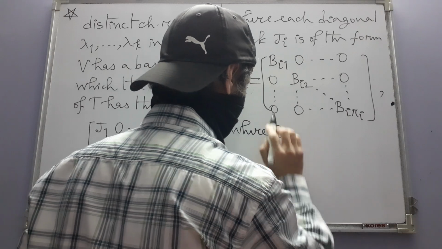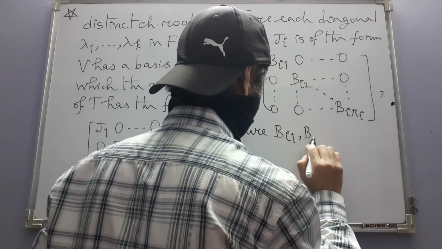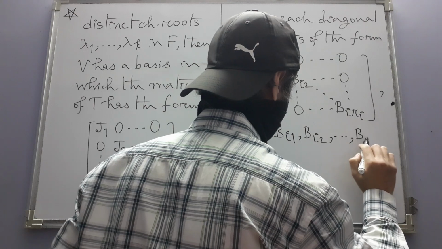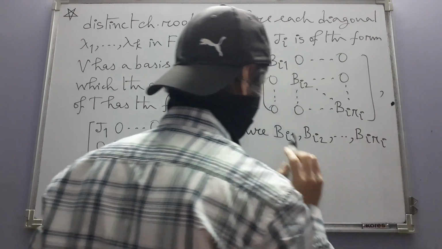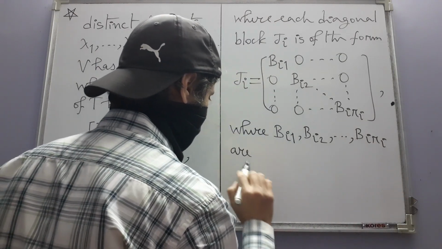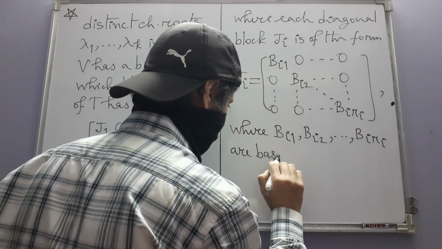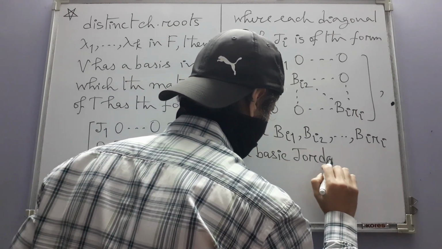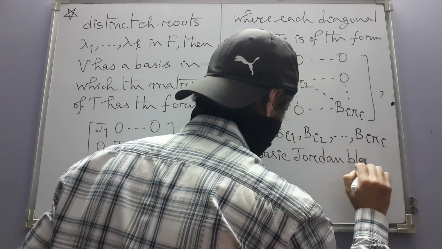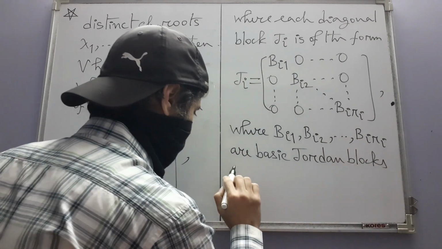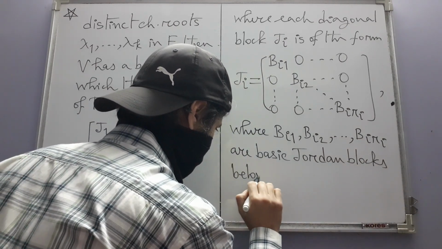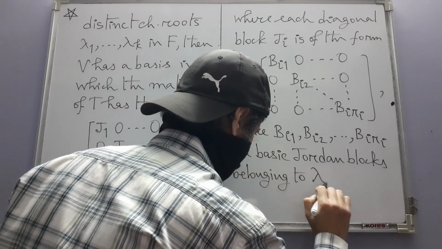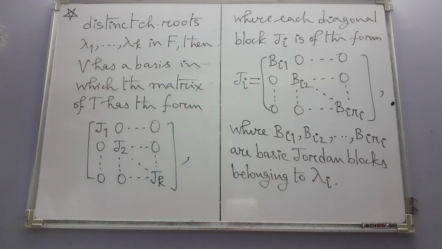And where these things, these diagonal blocks are basic Jordan blocks belonging to the eigenvalue lambda i.